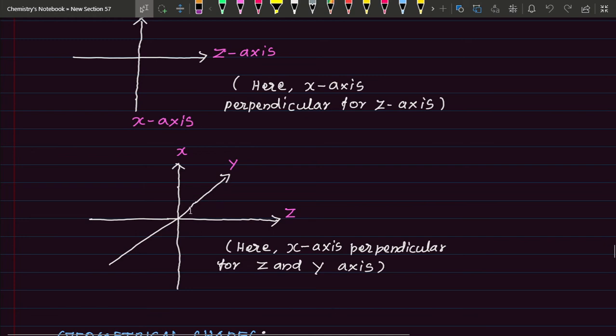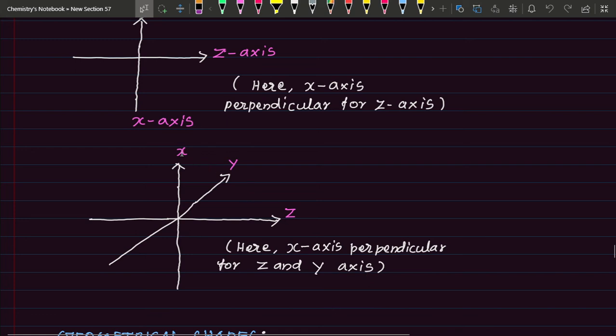That is why, keep it in mind, this is also perpendicular to the z-axis. X-axis is also perpendicular to the z-axis. See here, x-axis is perpendicular to the z and y-axis.